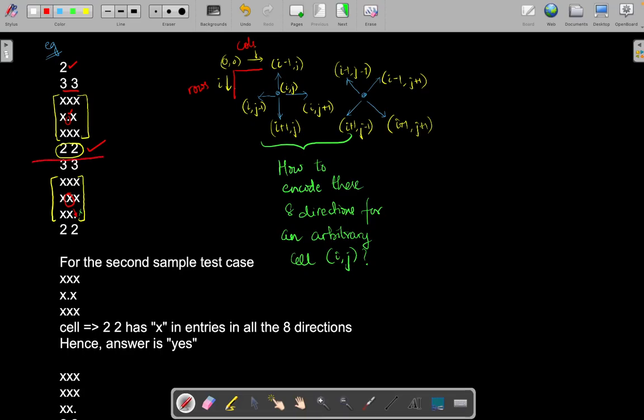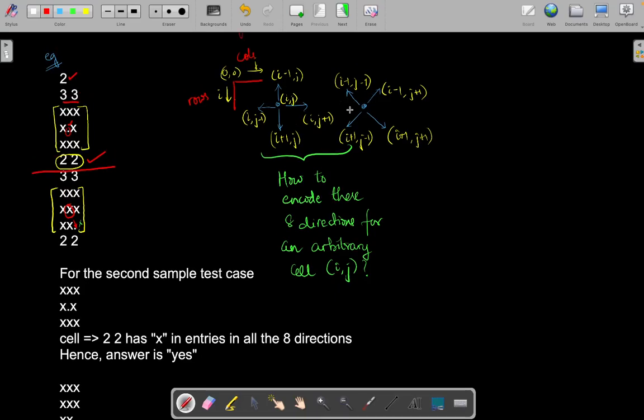We are given a character matrix containing x and dot, and for the given cell, we are asked whether all eight neighbors have x as their characters. And what are the eight neighbors? So we will be going over that.